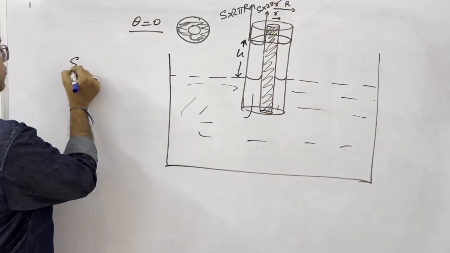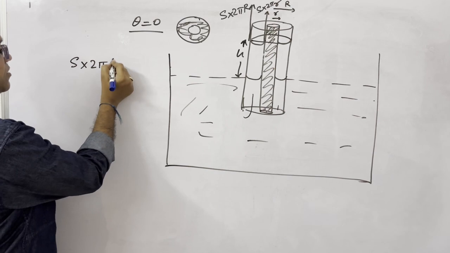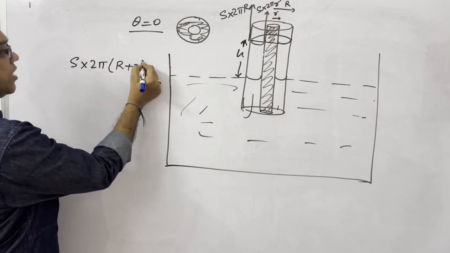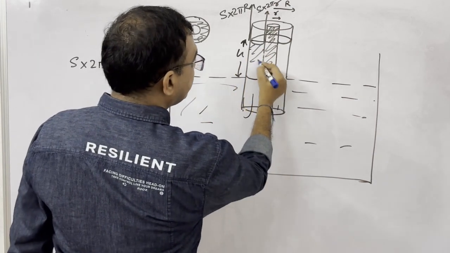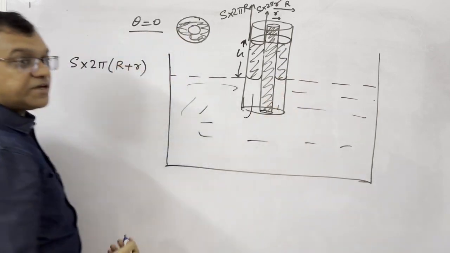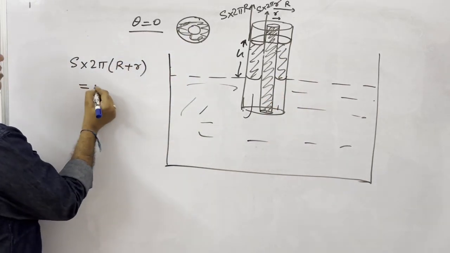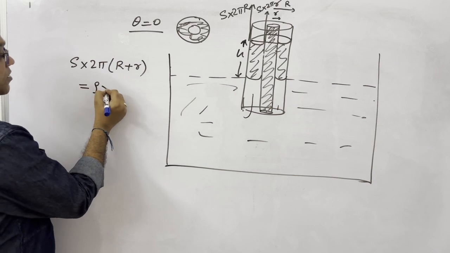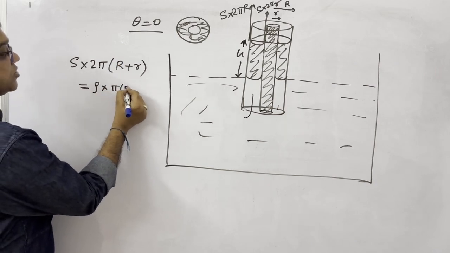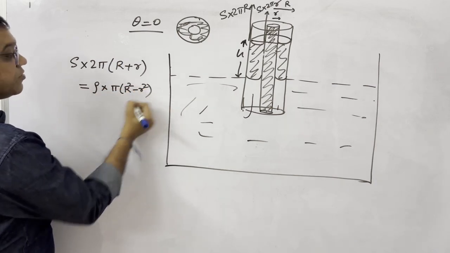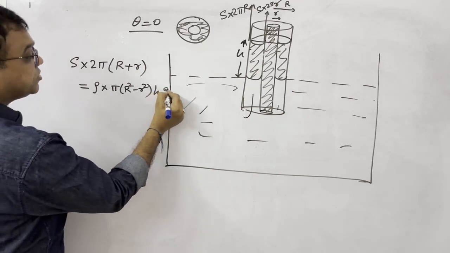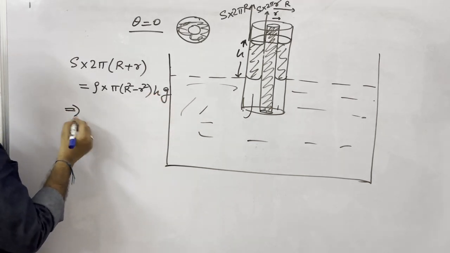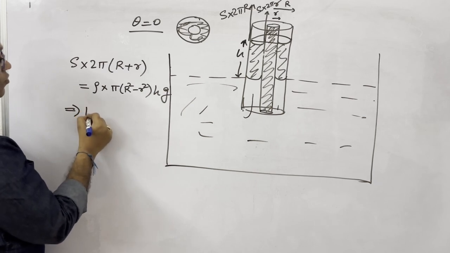This total surface tension force, 2 pi (R plus r), is balanced by the weight of this liquid. And how much is the weight of this? Rho, density, into pi (R square minus r square) area into h into g. And from here you can find out what is the value of h.